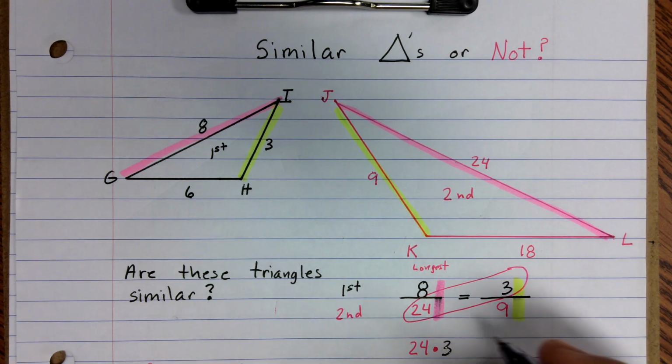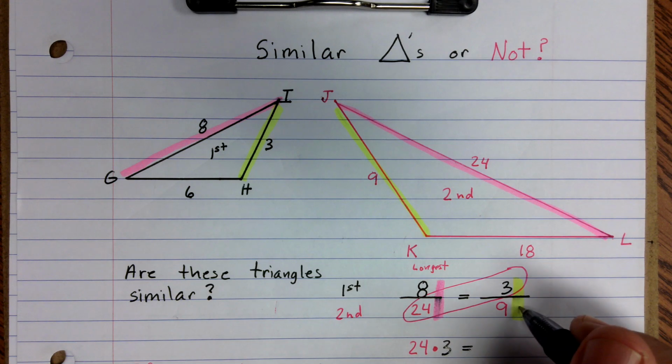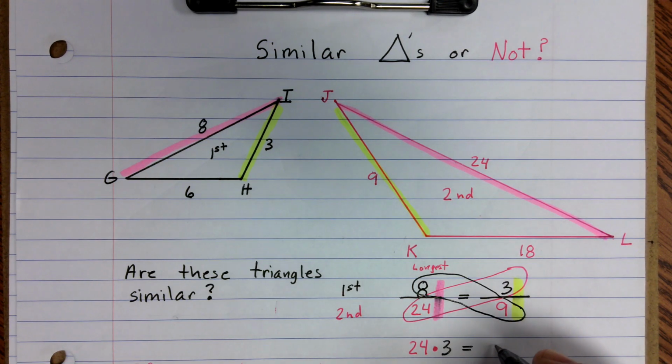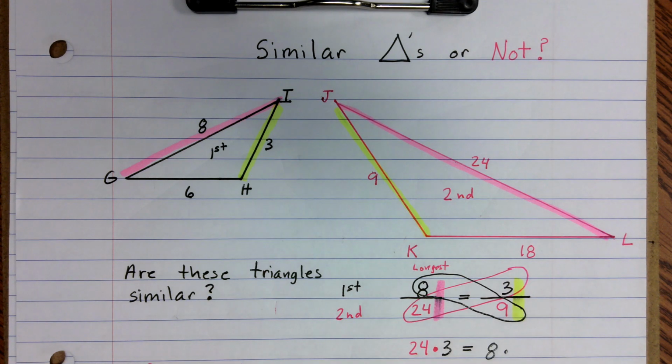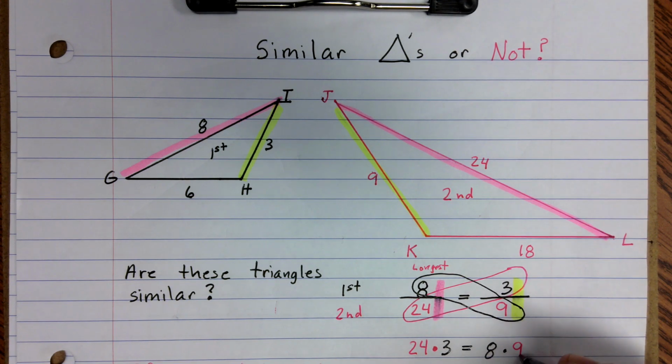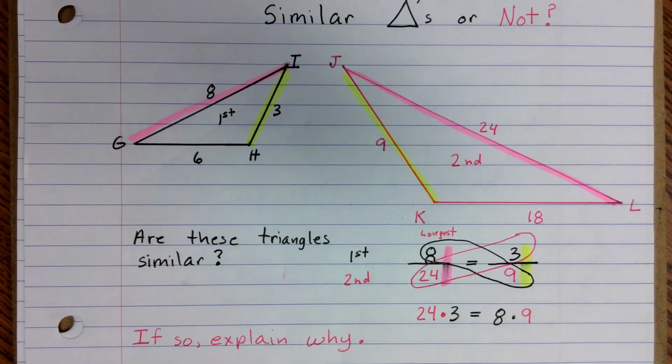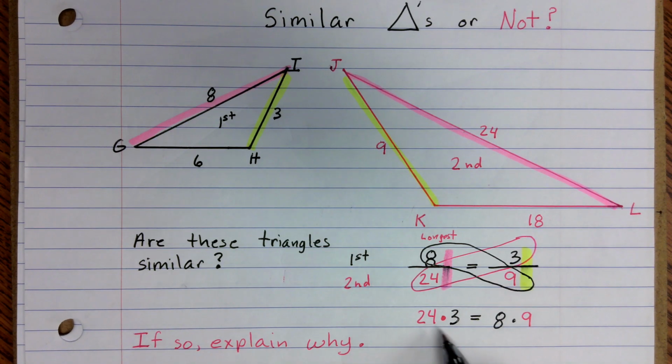And I'm going to have that set equal to these two values that I'm going to cross multiply. So I'll have 8 being multiplied by 9. And when I multiply these values out, if I have the same value, then they are going to be similar.